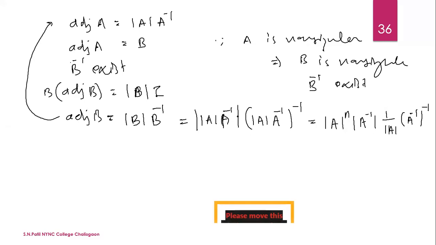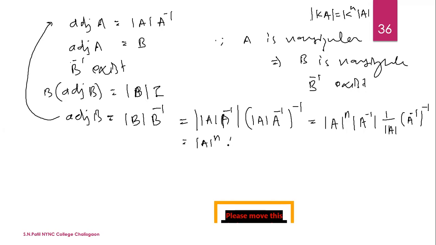We know that determinant of K into A, if A is a square matrix of order n, can be written as K raised to n into determinant of A. Now K is a scalar quantity, similarly here determinant A is a scalar quantity and this is the matrix. That's why K raised to n into determinant of this inverse matrix. Now it can be written as determinant A raised to n.